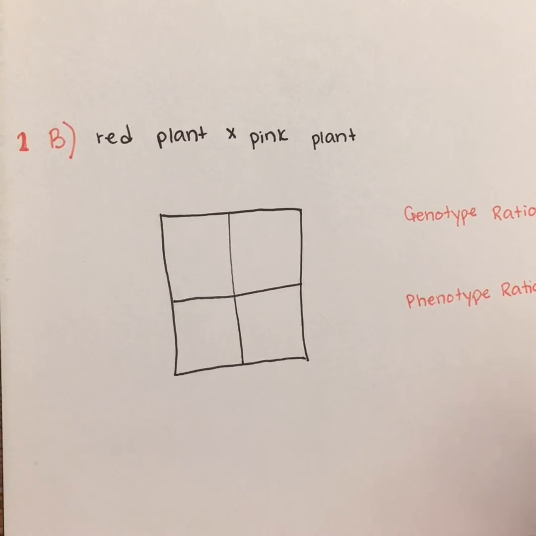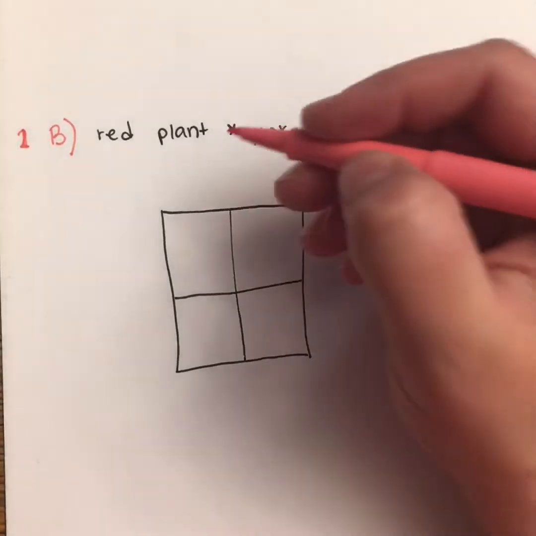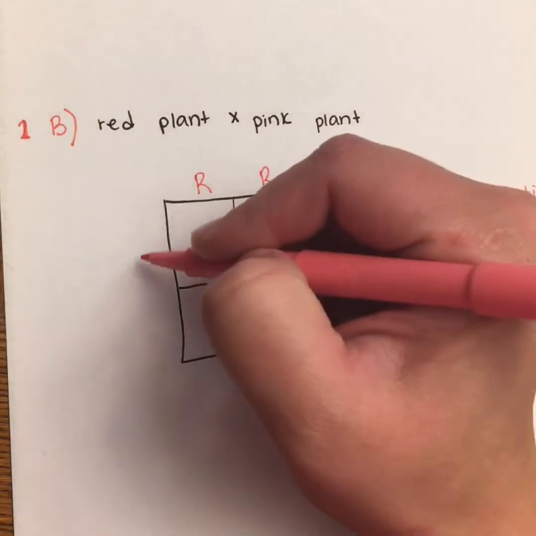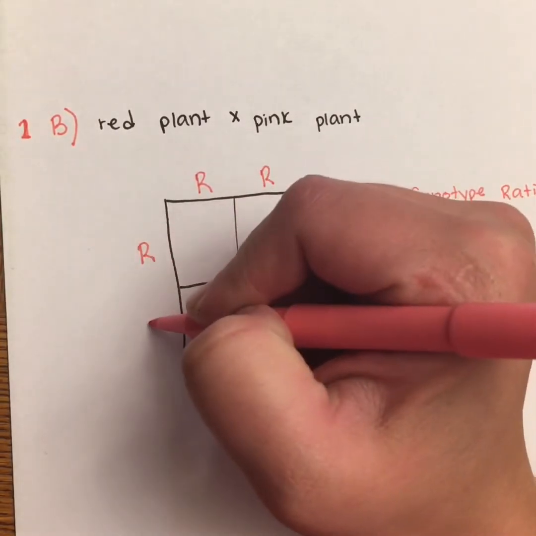Let's do another example, number 1B. We're going to cross a red plant with a pink plant. Remember, pink plants are heterozygous.